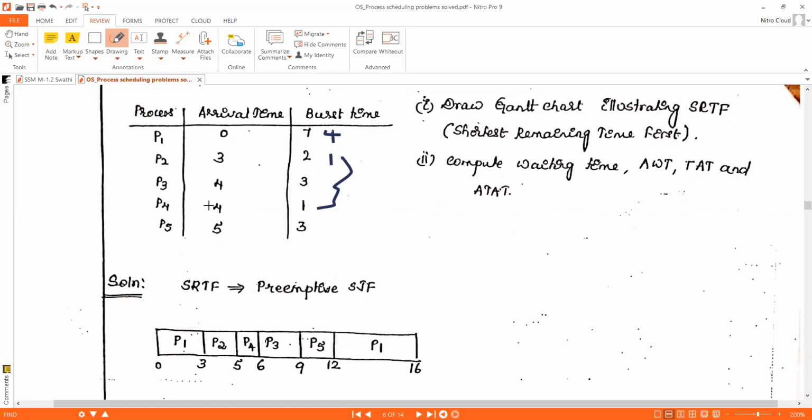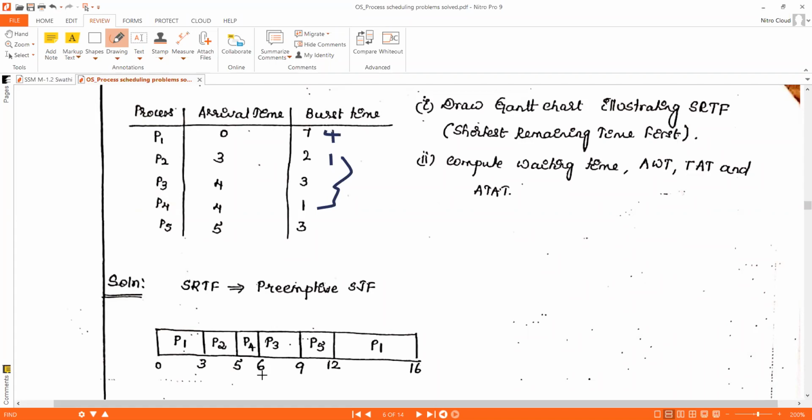Among these four processes, process 4 has the shortest burst time, so the CPU will be scheduled for process 4, which will execute for 1 millisecond. At clock time 6 milliseconds, process 4 will complete its execution.